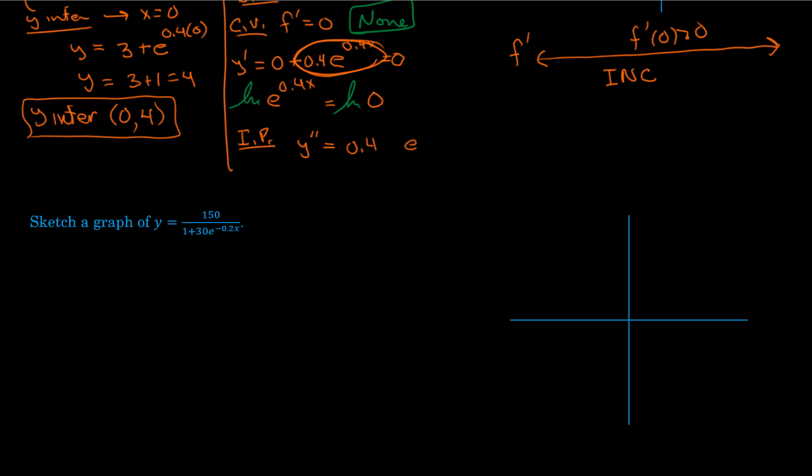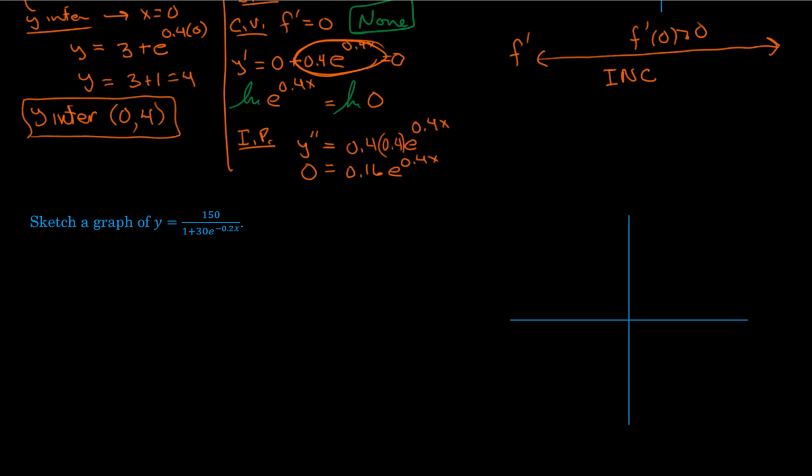I'm going to have my e to the 0.4x, and then I multiply by 0.4. So the derivative is going to be 0.16 e to the 0.4x. And to get an inflection point, what we want to know is when does this equal 0?